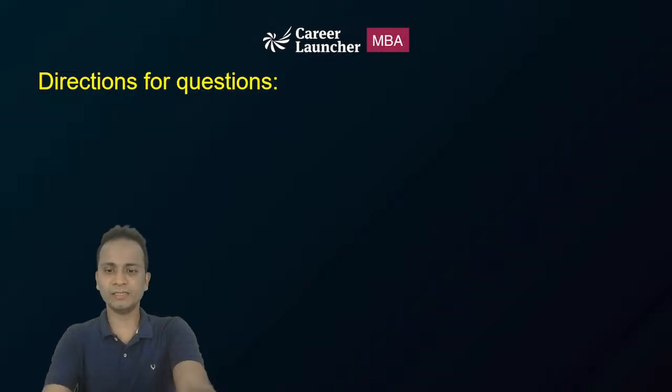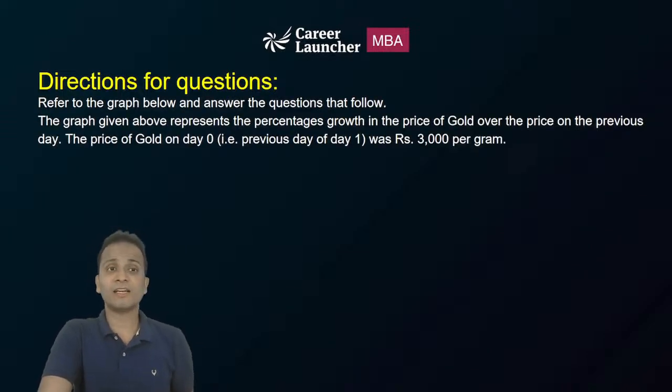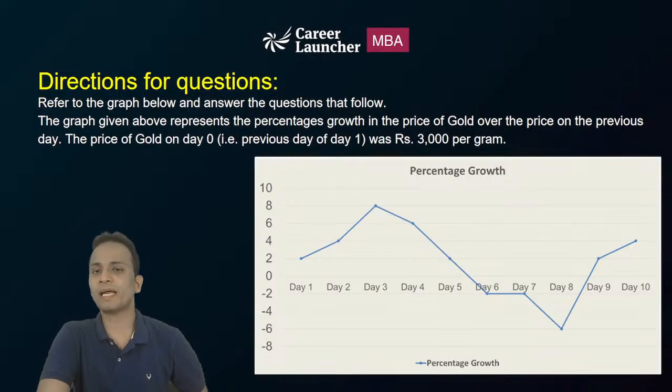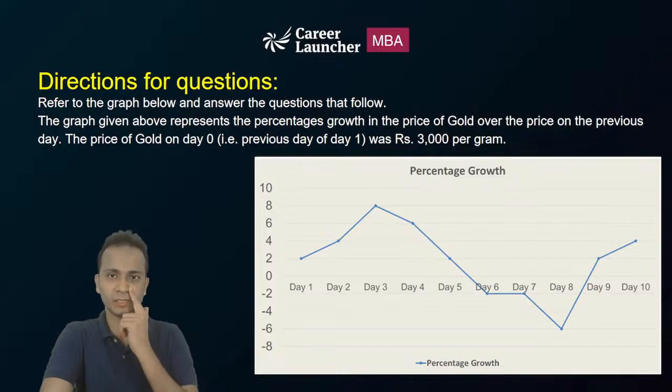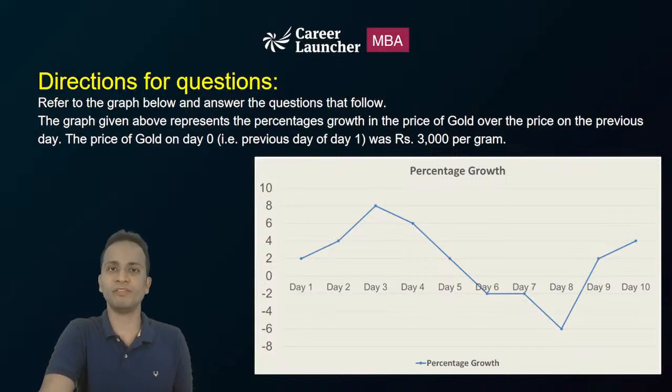Let's read this data. The direction says: refer to the graph below and answer the questions that follow. The graph given represents the percentage growth in the price of gold over the price on the previous day. So the data is about the percentage growth in the price of gold over the price of the previous day.